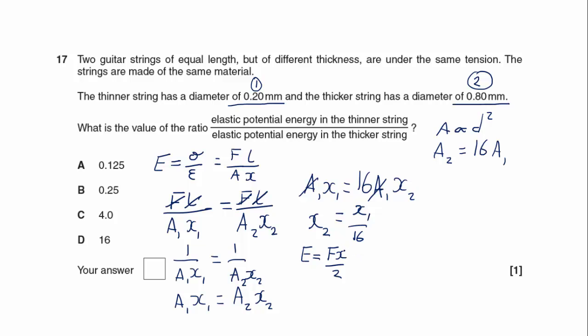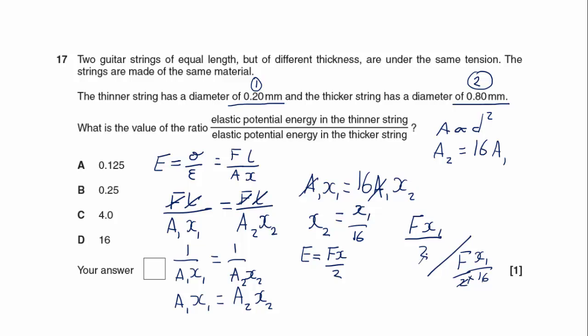Now, the thinner string is string number 1, so if we put that in, we're going to have Fx1, the extension number 1, over 2, and then that's all going to be over F x1 over 16, also divided by 2.